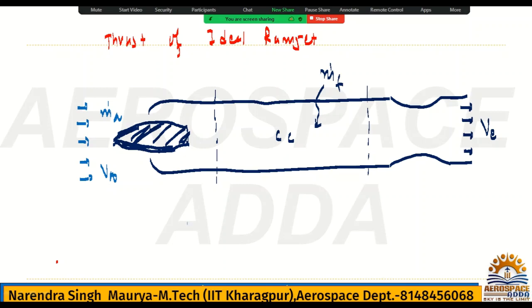So what will be the thrust? Because we are assuming the fully expanded case, PE is equal to PA, so there is no pressure thrust. I will write the equation, so you can understand simply. What is the equation we have?